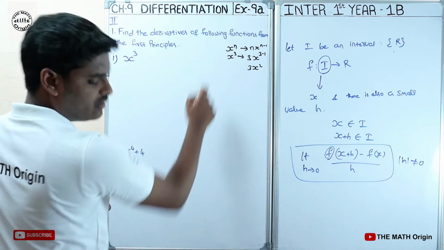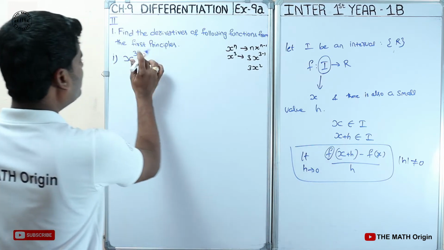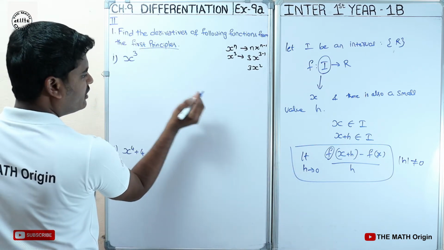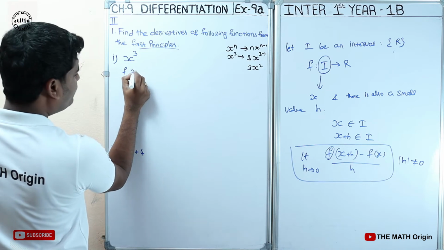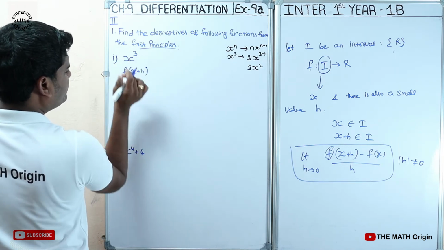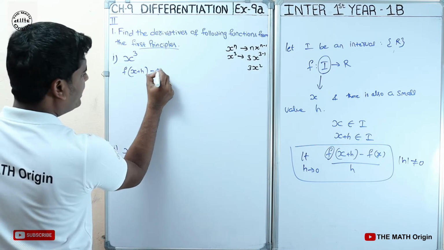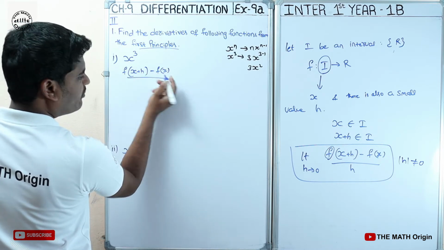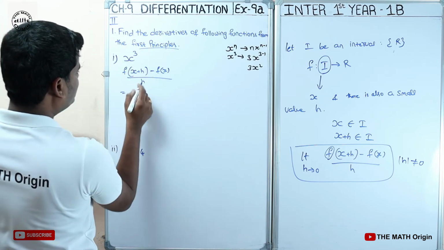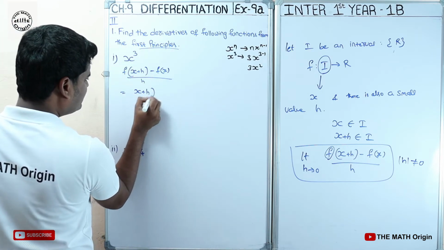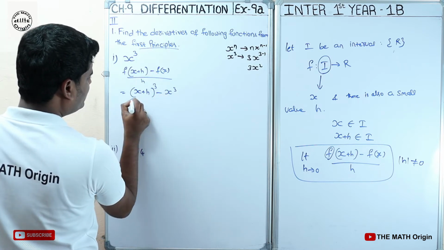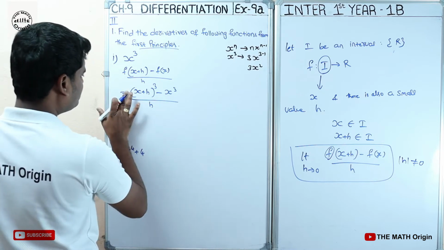We know this value, but by using the first principle, let's derive it. In x place let's write x plus h: f of x plus h minus f of x by h, which is x plus h whole cube minus x cube by h.